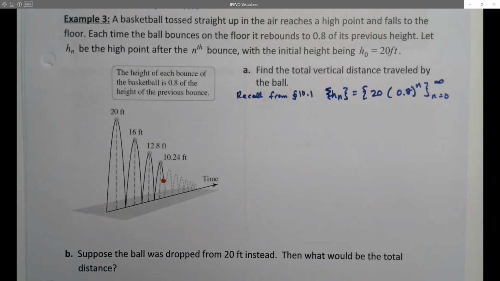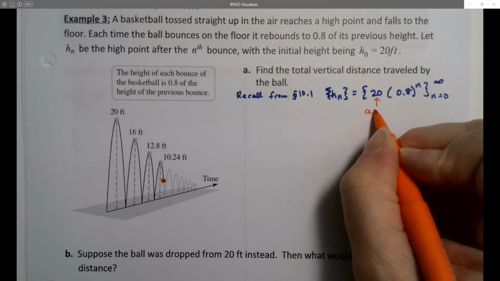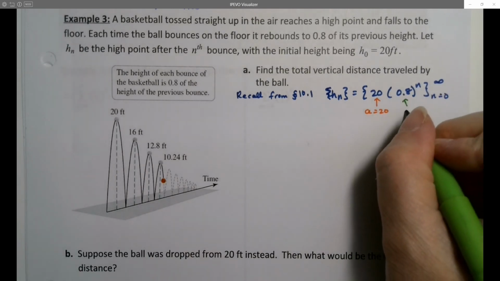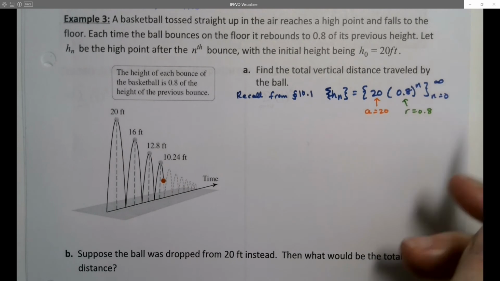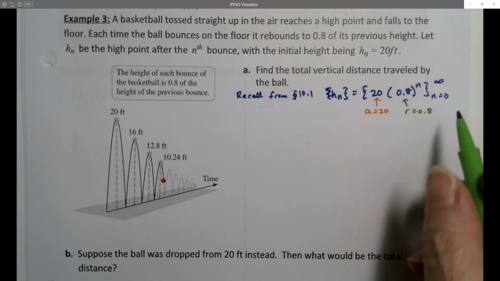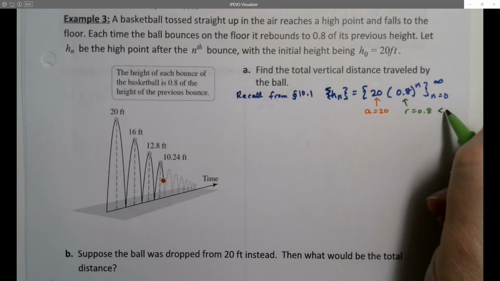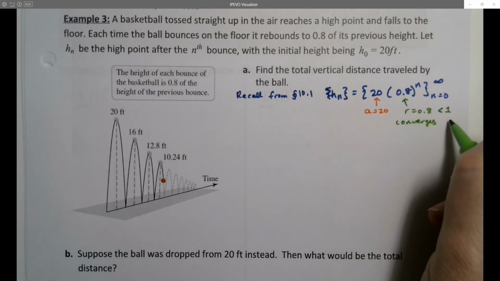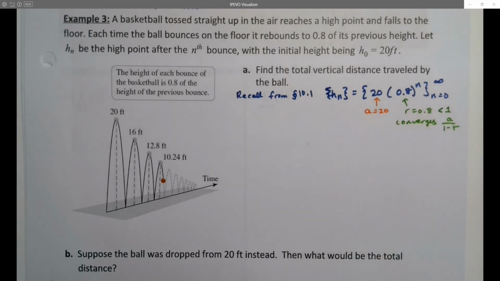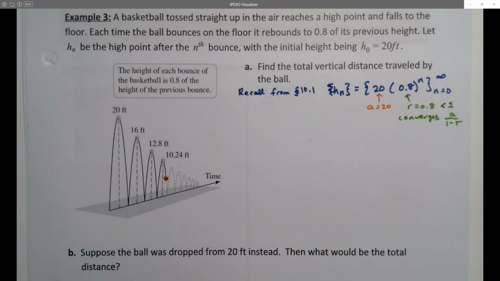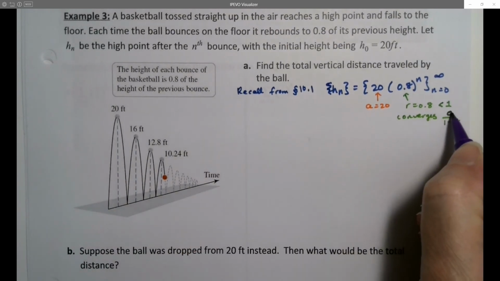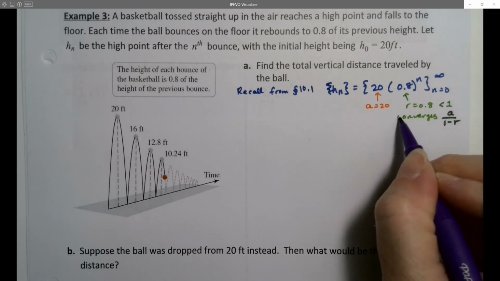You can see from that setup that a is 20, and r is 0.8, which, notice, is less than 1, therefore it will converge to a over 1 minus r. The formula will work out. Okay, so therefore I just need to come up with that formula.